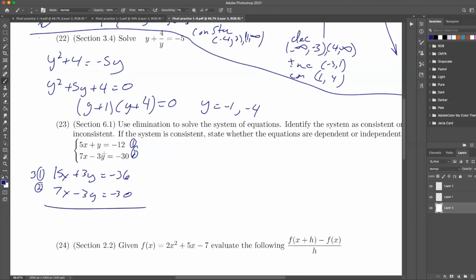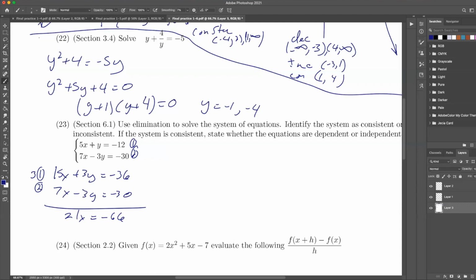So we add these two up, we'll get 21x equals minus 66. Gee, is it that awful a number? It could be. Hold on, I don't check my math because I don't expect it to be that awful, but it might be.